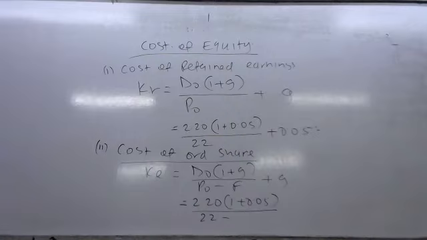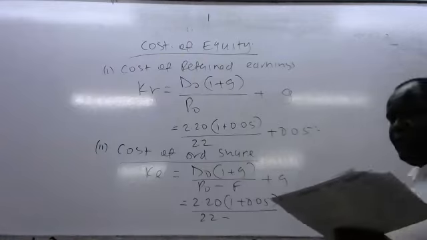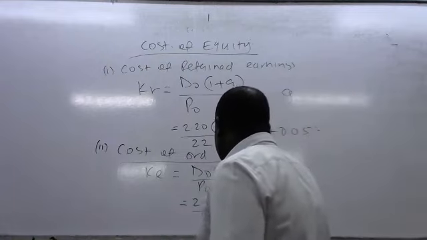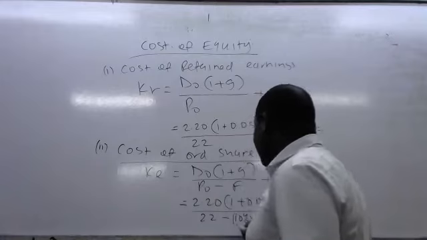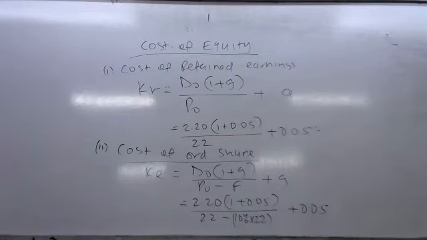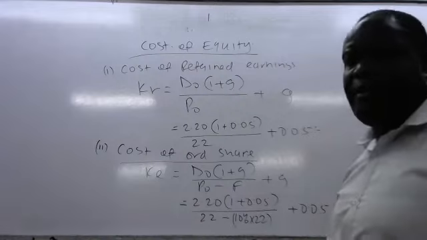So when you check at that same area, after the growth rate of 5%, they say that new equity shares will be sold at a flotation cost of 10% of the issue price. So it will be 10% of 22. The issue price is our P0, the current market price. They were issued at 22 at that level.